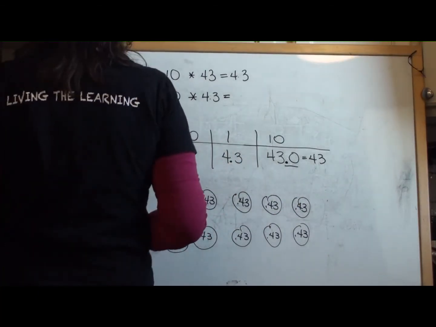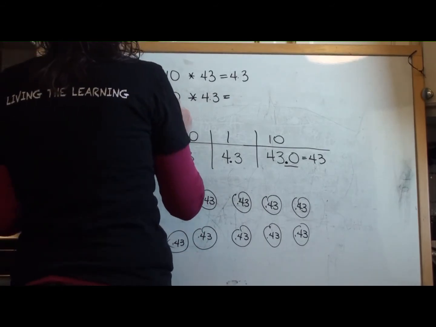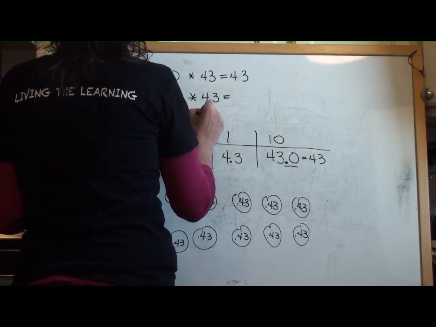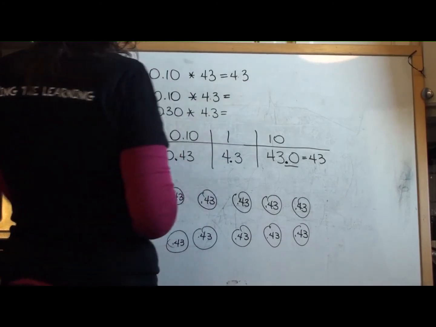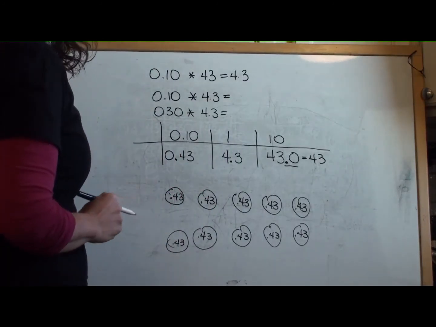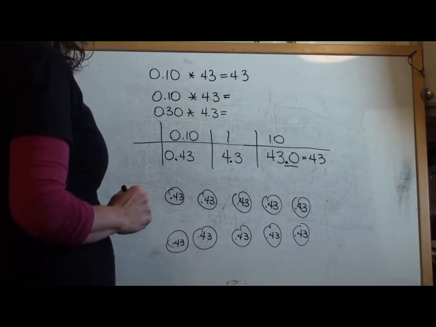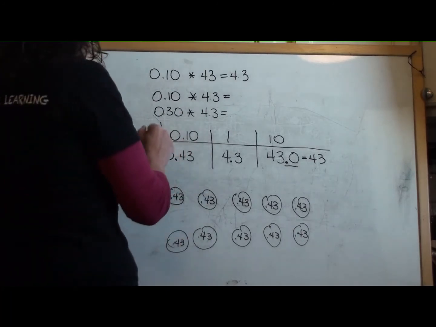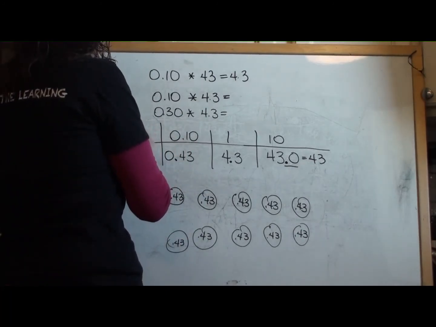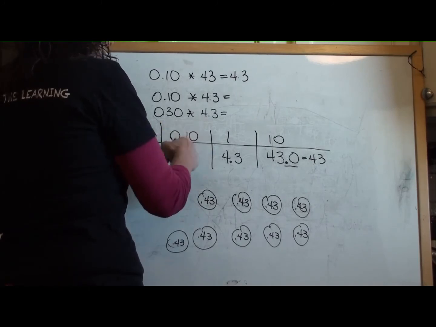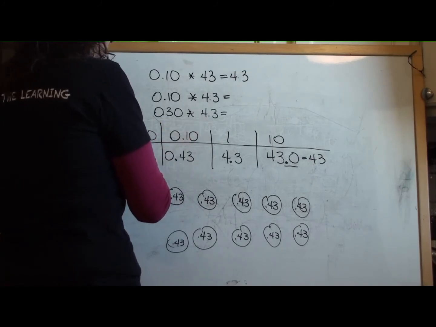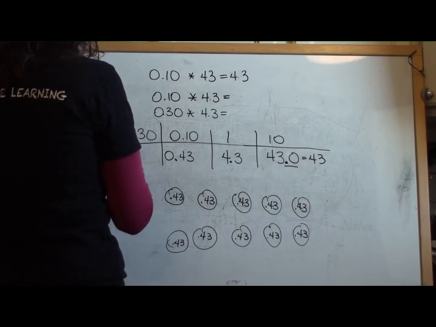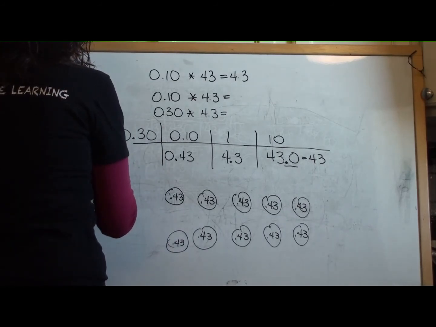Okay, the next problem is 30 hundredths times 4 3/10. So just like we did the 2, I can multiply this times 3. I'm going to just add.